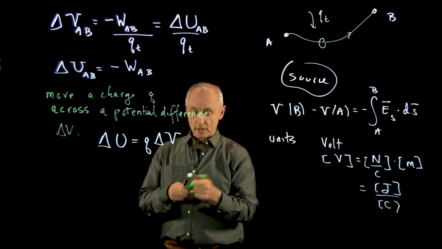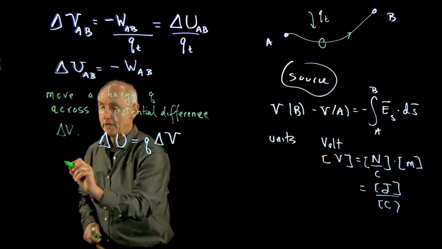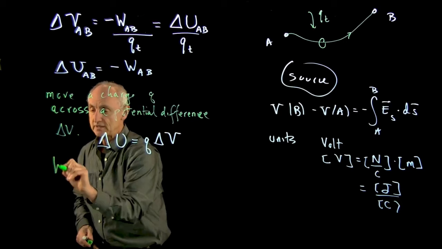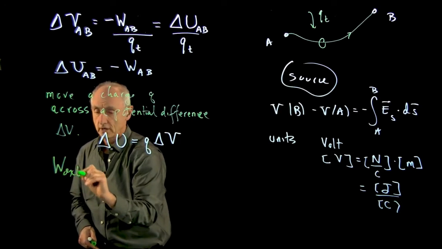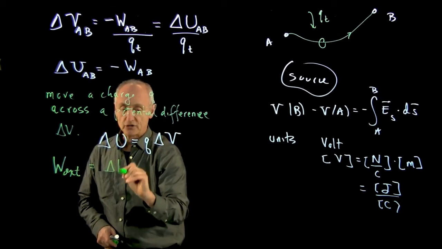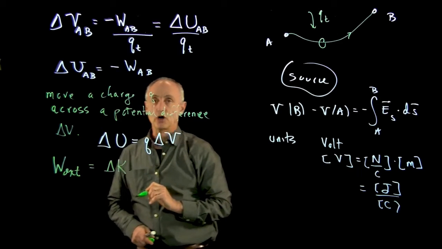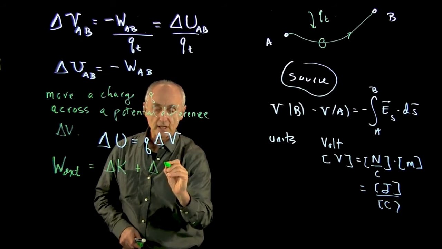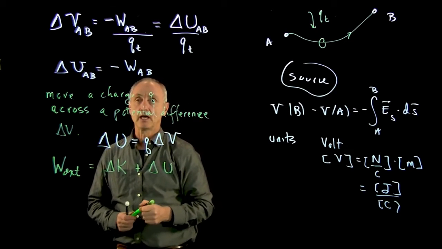Now, this is useful because now we have the idea that our energy principle tells us that the total work done by an external force will cause the kinetic energy of our charge or object to change plus the potential energy to change.